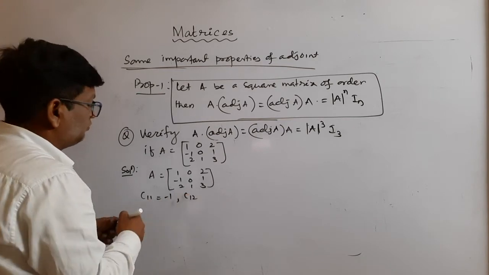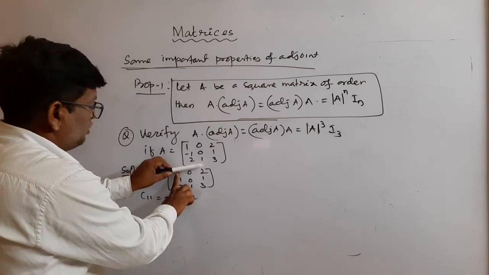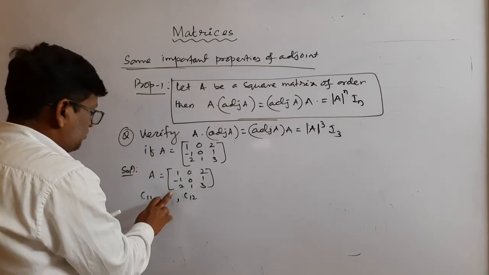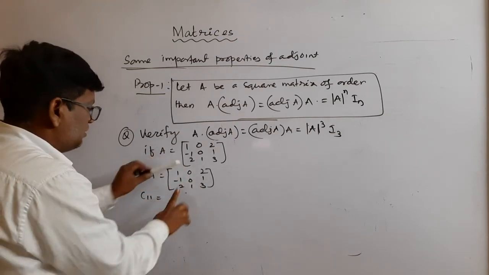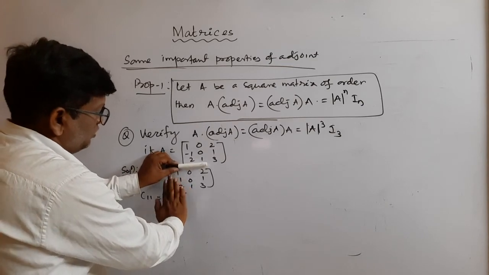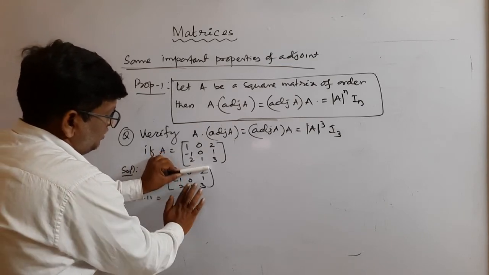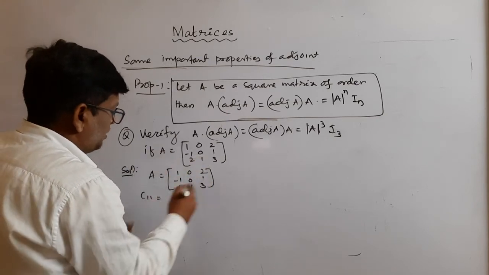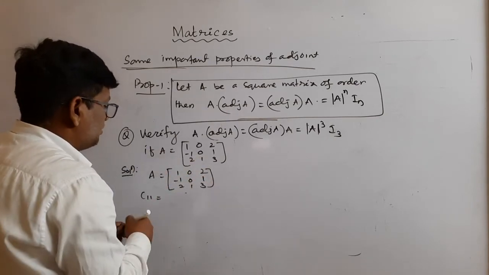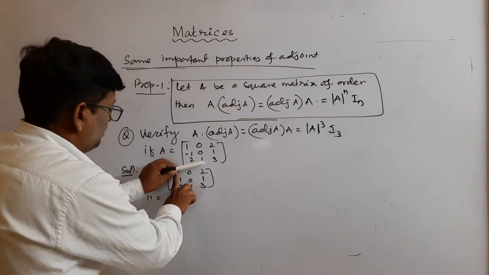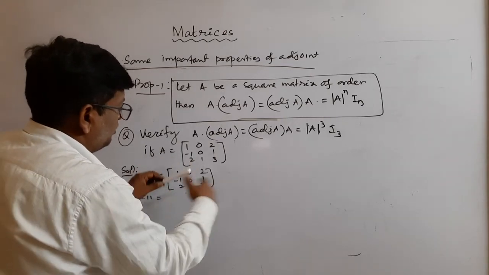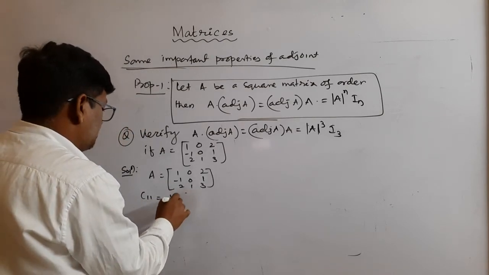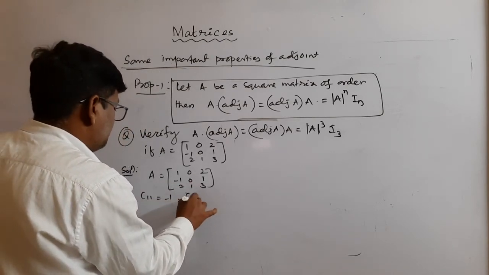C11, first row first column: this goes cancel. This is 0 minus 1, so minus 1.